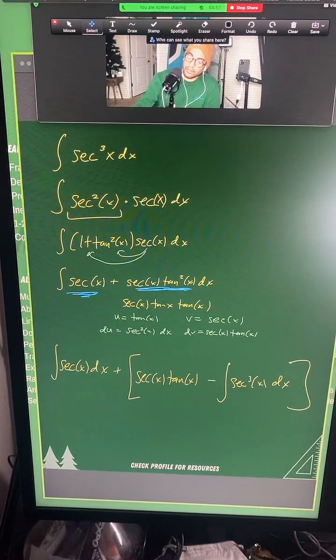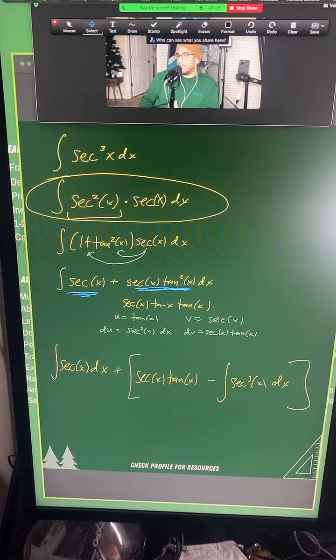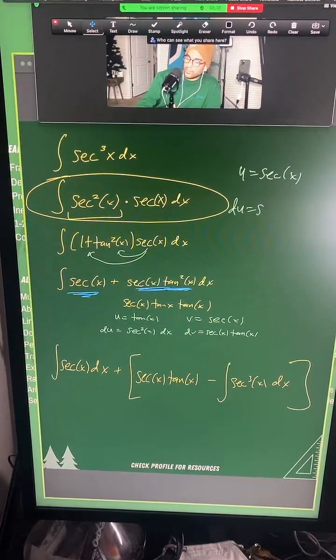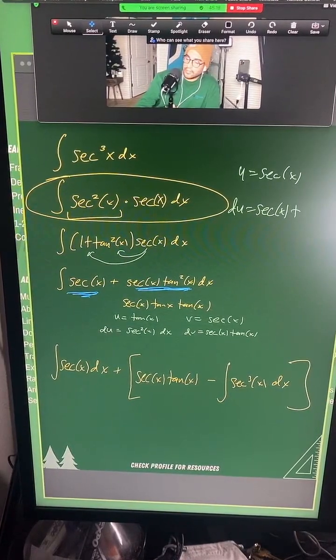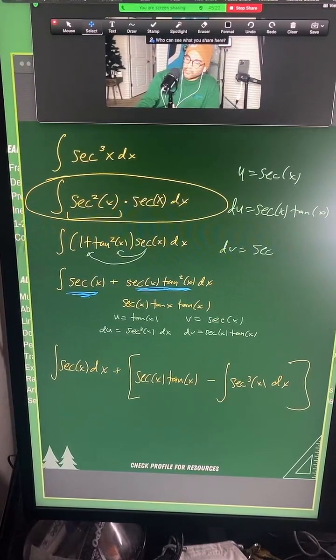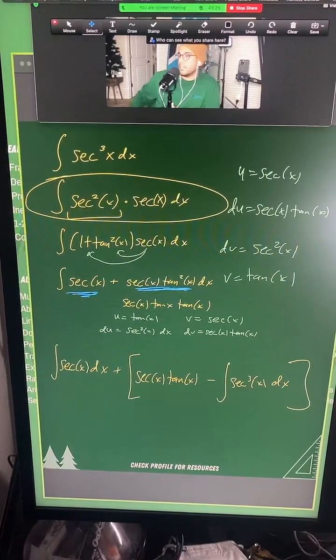Other people are saying to use integration by parts on this part up on top. So that means our u is equal to secant x, du is equal to secant x tan x, and our dv is equal to secant squared x, and our v is equal to tan x. Is that what you were saying, Ethan?